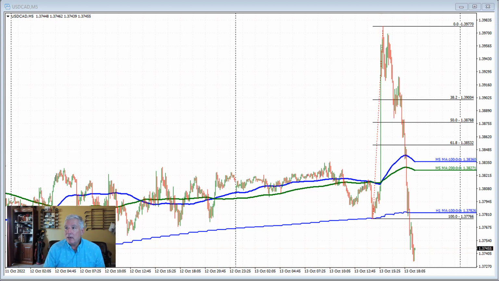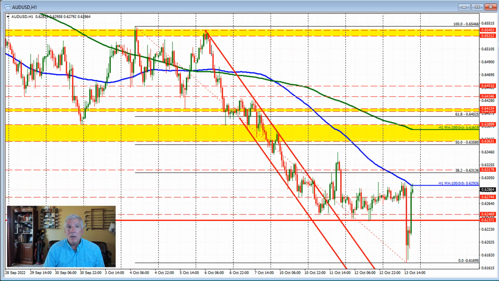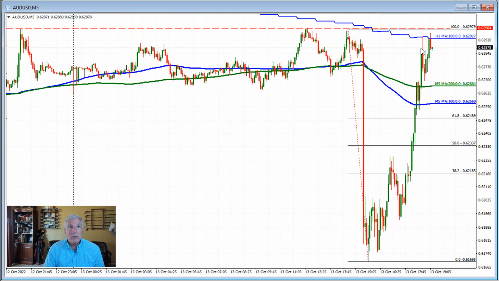The same dynamics came into play with the Aussie versus US dollar. For this currency pair, we were trading below these lows through here, right around here. And I mentioned how as long as the price remains below these levels, the bias remains to the downside. We took a look at the 5-minute chart, and in this chart, we had the same story, where as long as the price remained below the 38.2 to 50% retracement of the trend move to the downside, the bias remained in favor of the sellers.